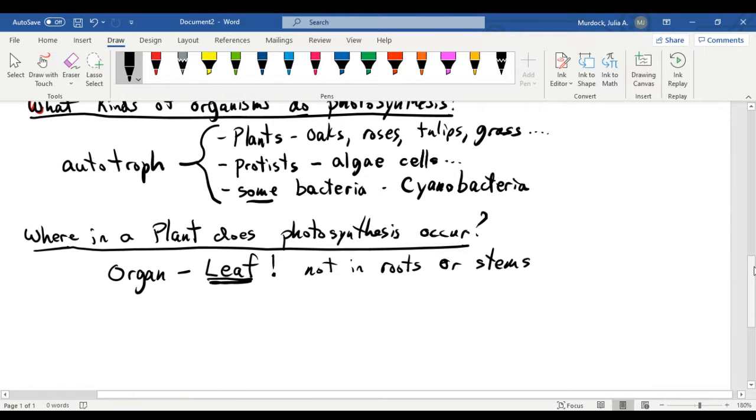What about the tissue level? Tissue level inside a leaf, and you won't know this, I'm just going to tell you, is called mesophyll. I know you don't know that word, but you'll see it and hear it, so I want you to make sure you know that mesophyll cells are the ones that have chloroplasts.